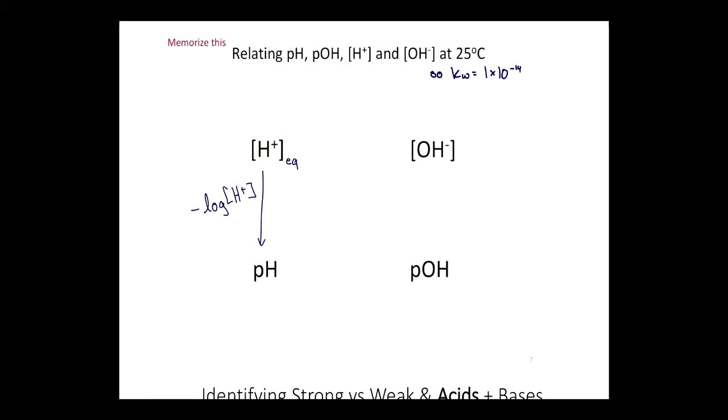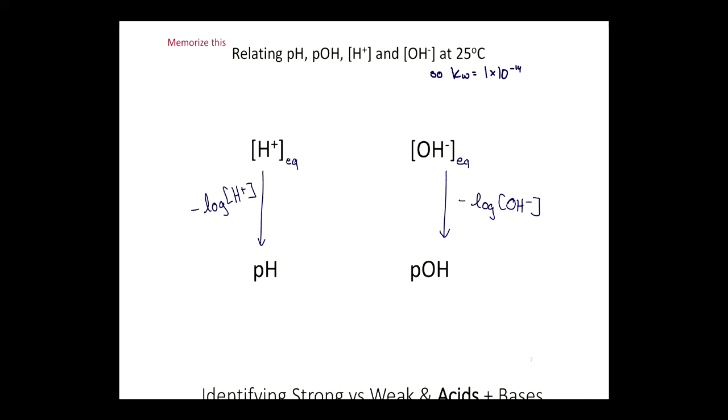If you take the negative log of the hydroxide concentration, you get the pOH. So p is just a function. It just means negative log of that thing. So pH is negative log H+, pOH is negative log OH-, p bananas is negative log concentration of bananas, etc.